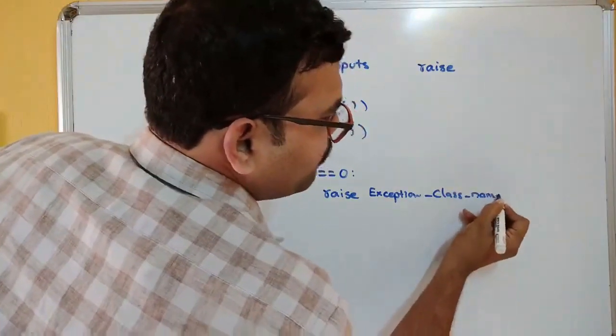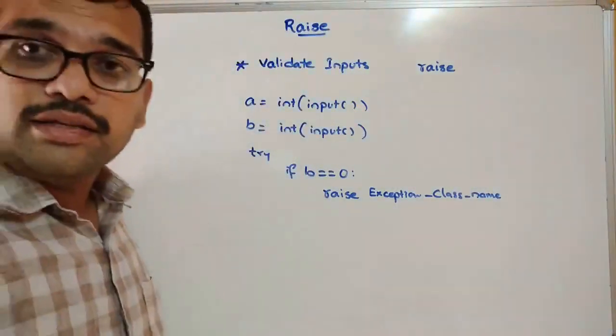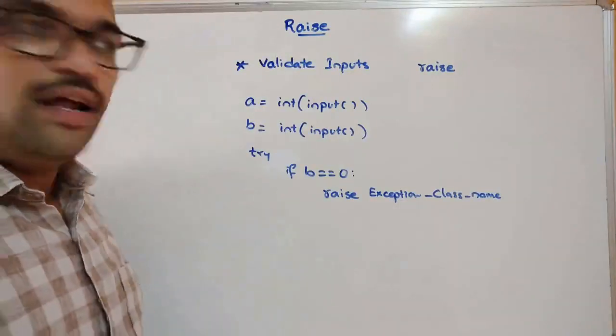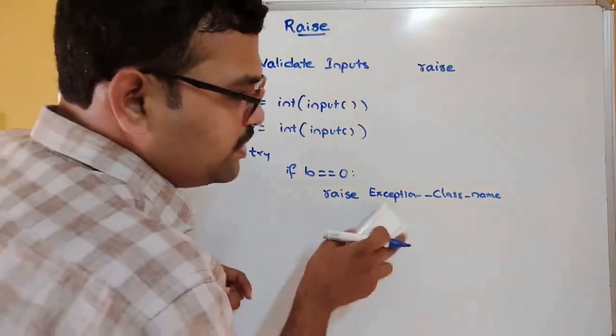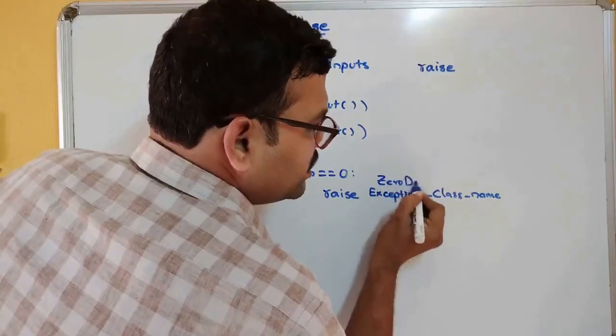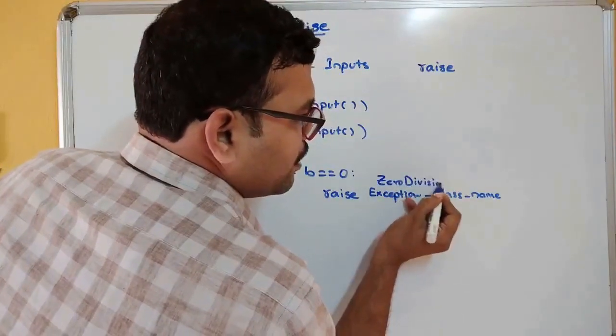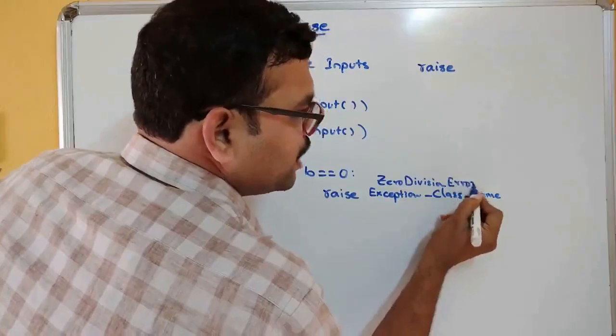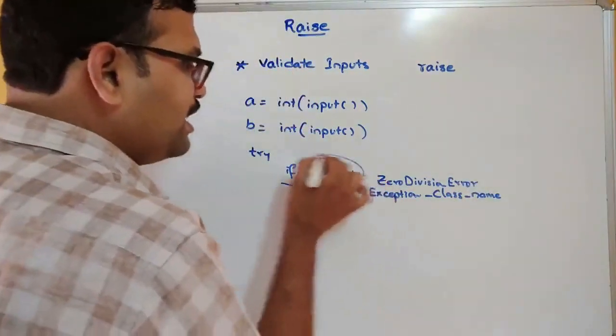So what type of exception do we need to raise? Here it is ZeroDivisionError. So in place of the exception class name, we write ZeroDivisionError. That means we can validate the inputs.